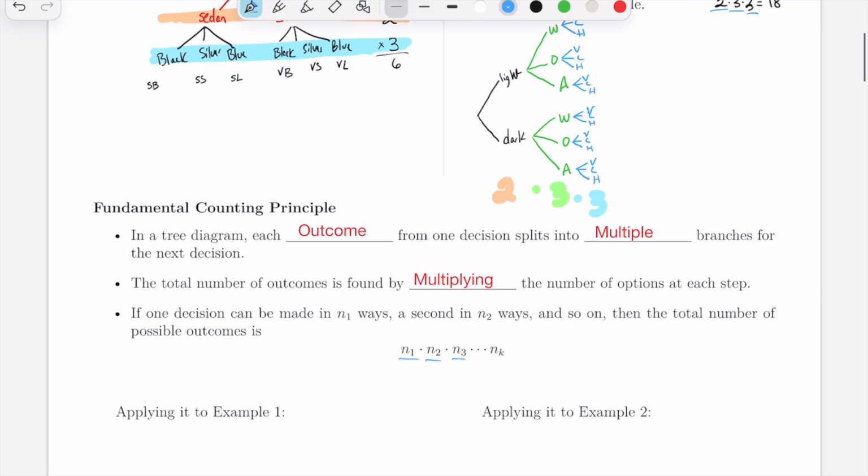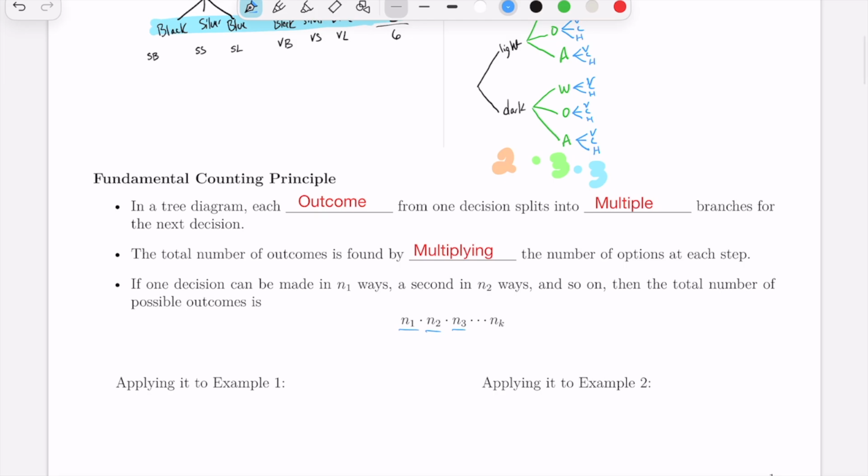As we said here for the first one, when we look at the model of the car, that's our first decision point, and we had 2 models to choose from, and then we also had the color to choose from, which was 3. Ta-da!